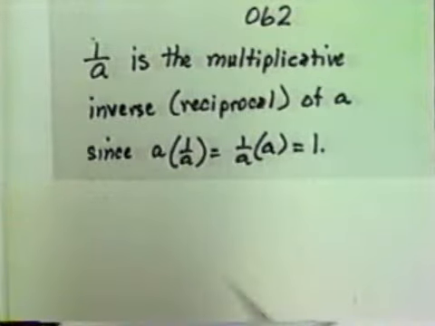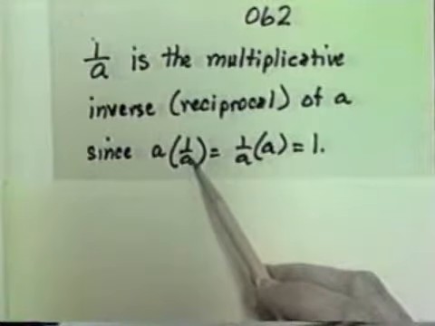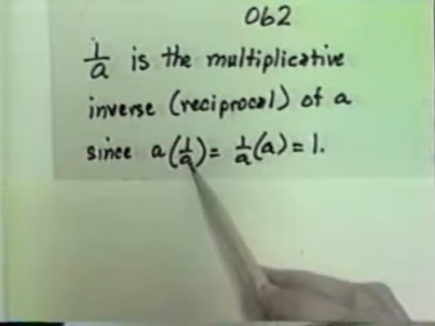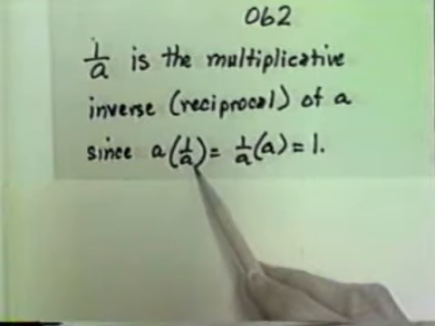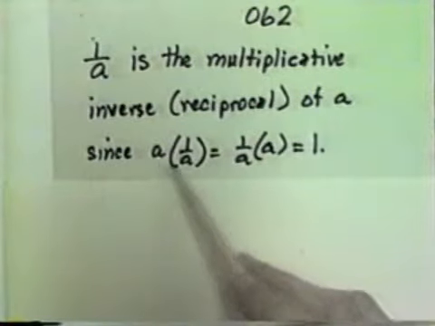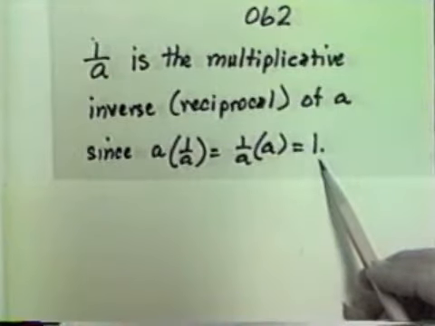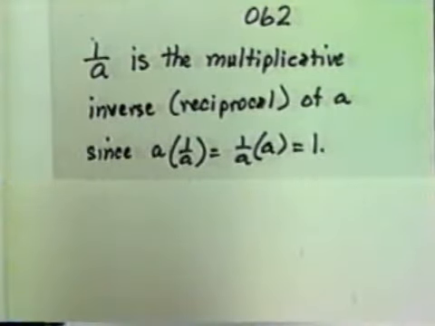When we multiply a number times its reciprocal, we get the identity, 1. Well, a times 1 over a, the a's will cancel. That's what a reciprocal does to a number. A number will cancel its reciprocal and give you 1. 1 over a is the multiplicative inverse or reciprocal of a, since their product will be 1.